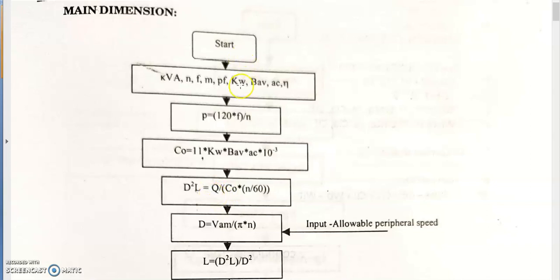If it is a motor, kilowatt or HP power will be given. If it is HP, we first convert it into kilowatt, and then divide it by power factor and efficiency to get the kVA value.